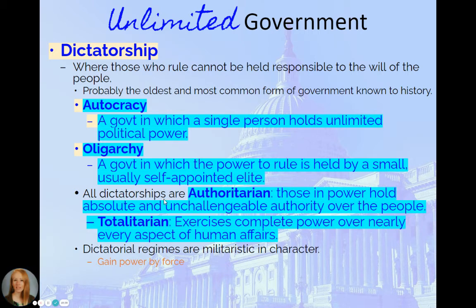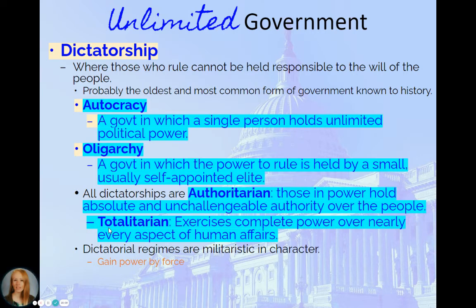Now, all dictatorships are authoritarian. I like our vocabulary on this one. Authoritarian. Those in power hold absolute and unchallengeable authority over people. So all dictatorships are authoritarian. Now, more extreme versions of dictatorships, which can be both autocracies or oligarchies, are totalitarian.